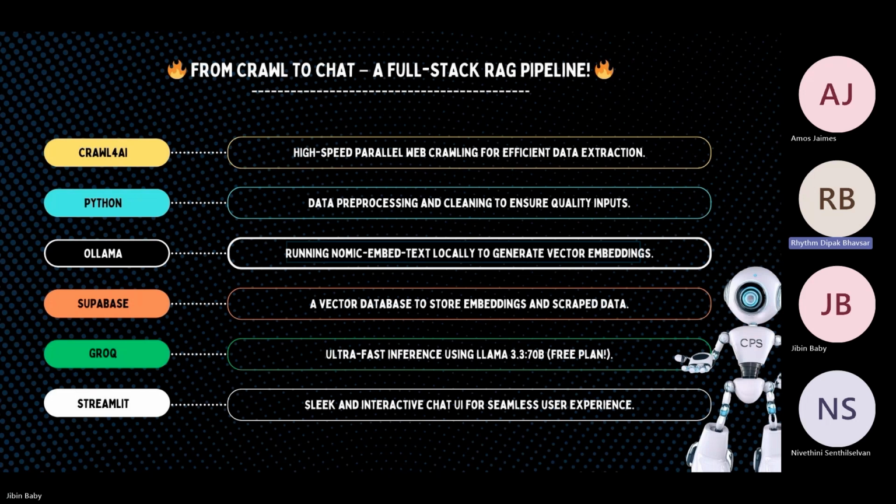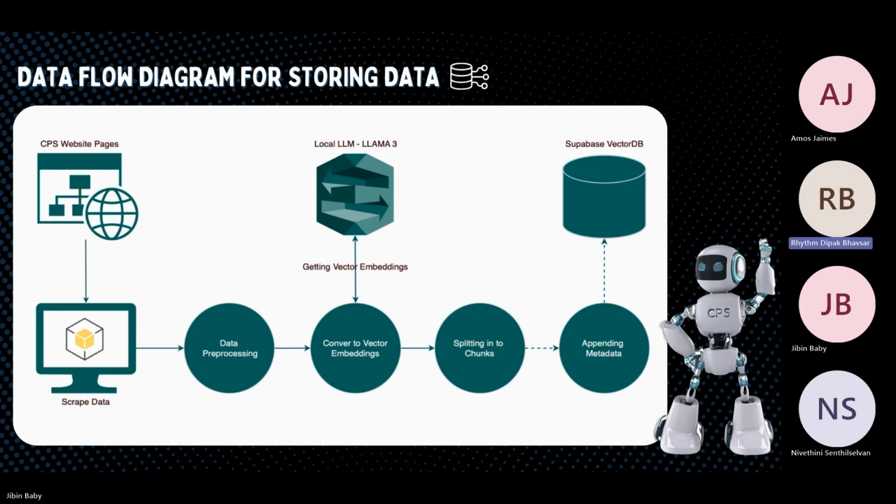faster user experience. So our data flow is something like this: we first scraped the data using Crawl4AI, as I mentioned earlier. After scraping the data, we did some data pre-processing. Then we converted the data into embeddings using the Llama 3 model.